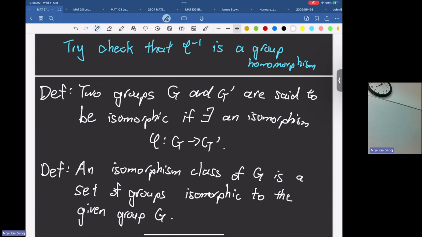Next, after reflexivity, is symmetry. If G is isomorphic to G prime, is G prime isomorphic to G? Is it symmetric?